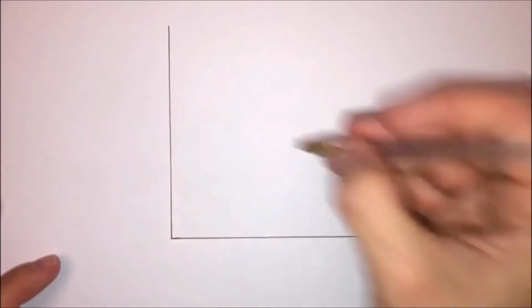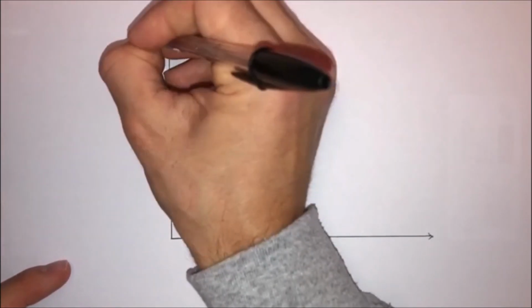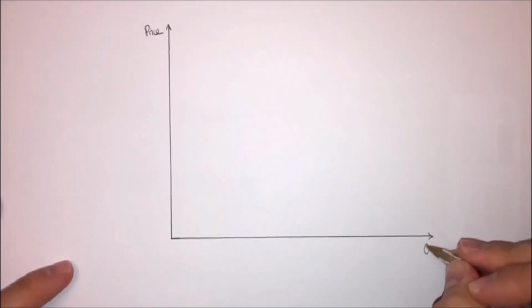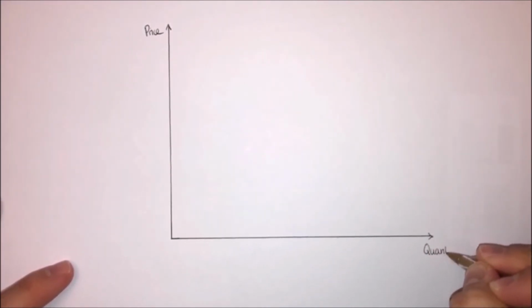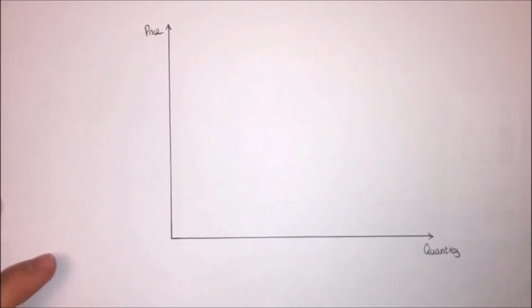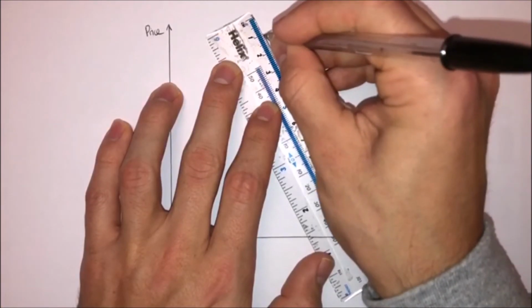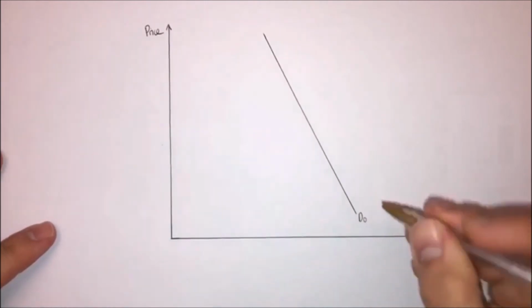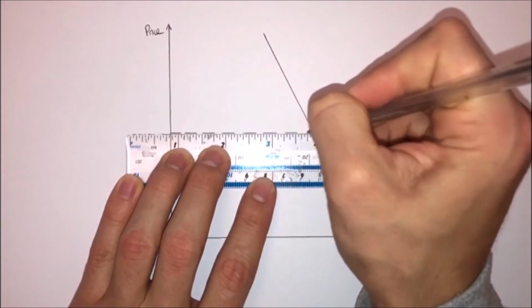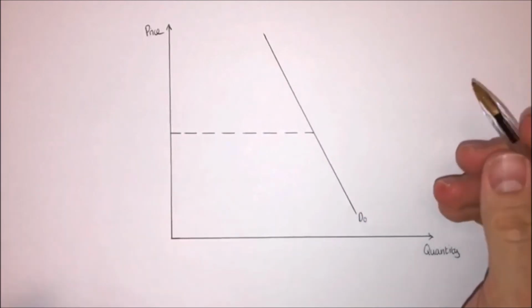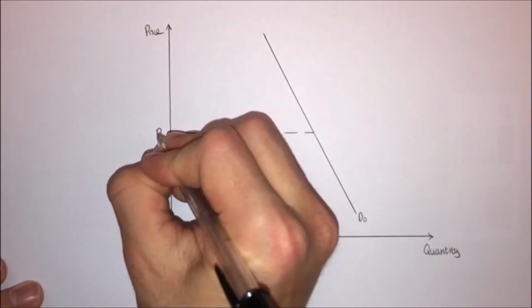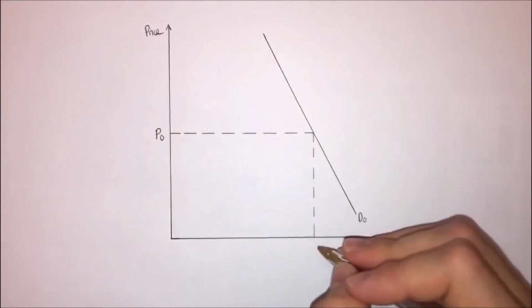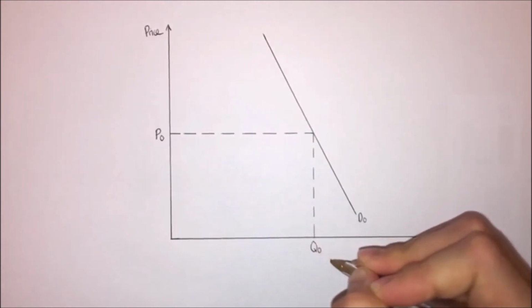So we start by drawing the same axes as before, that is price on the y-axis and quantity on the x-axis. Again, we draw our first downward sloping demand curve and we label this D0. So at price level P0, if you draw along that price level to meet the demand curve and then down to the quantity on the x-axis, you'll find a quantity demanded of Q0.